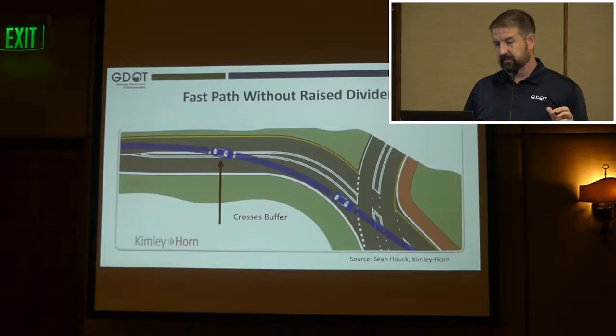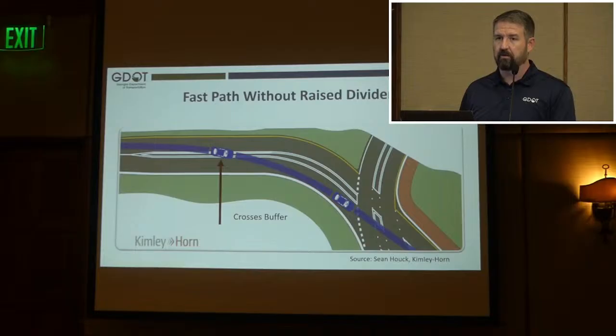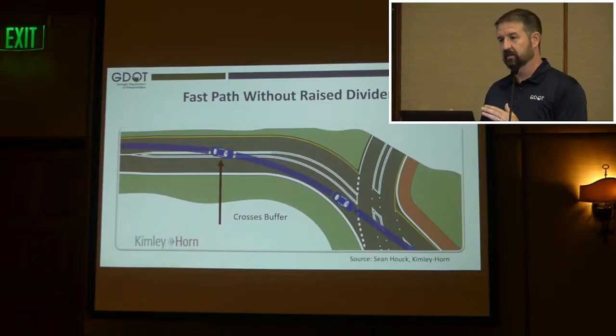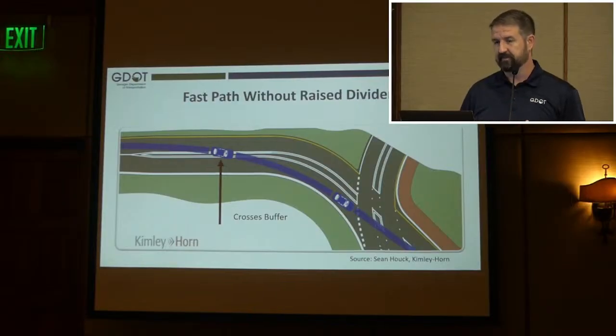Without the raised elements, to get the speed control you need entering a multi-lane roundabout, you would have to create such a curved entry to hang up the driver to keep those speeds down. And that was causing some geometric challenges as far as path overlap.